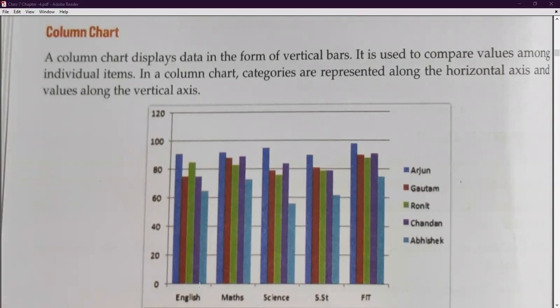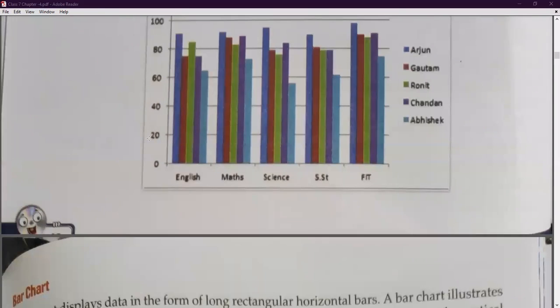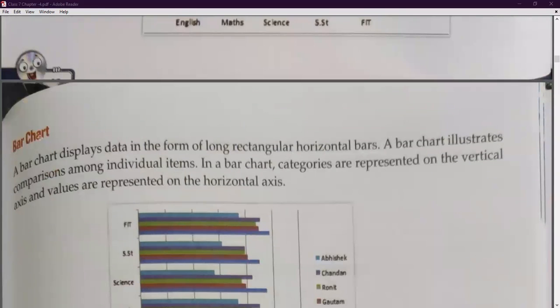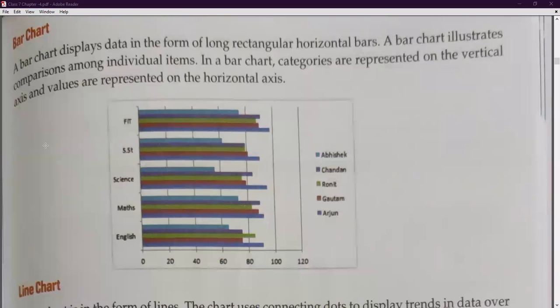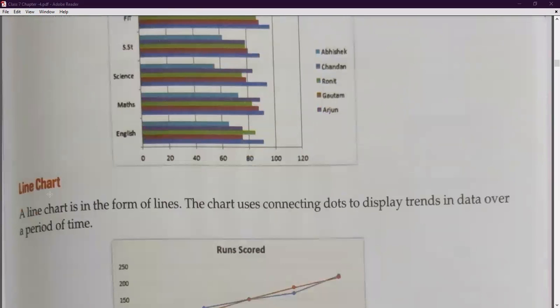As you can see, the vertical bars, the standing lines, that's why it is known as a column chart. Next chart is the bar chart. In a bar chart, you can find it very similar to the column chart, but the only difference is that we were using vertical bars in the column chart. In this, we will work with horizontal bars. The rest is the same.